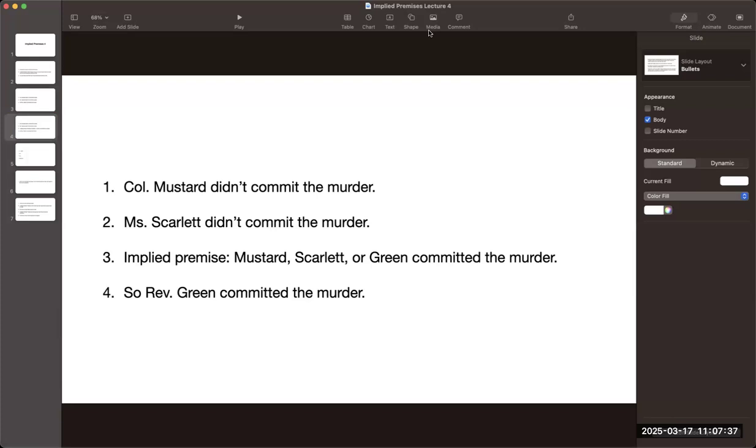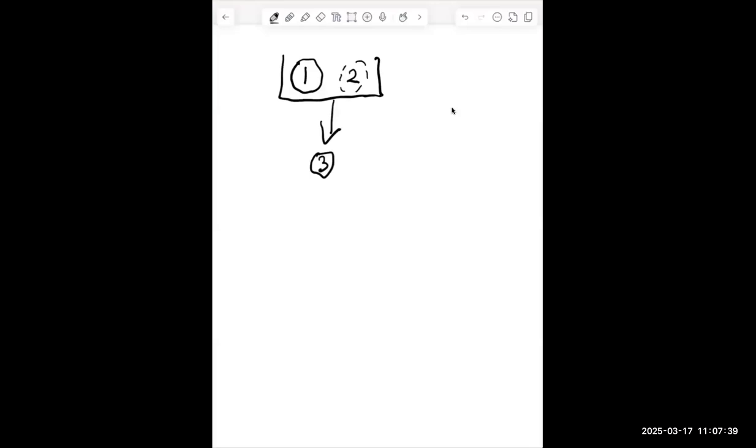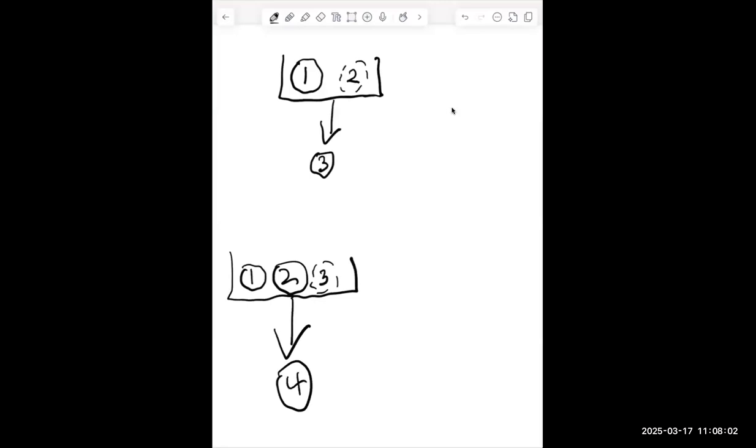Mustard didn't do it. Scarlet didn't do it. Well, it was one of these three. That's our implied premise. We put in the dotted lines. All three of these working together show that, in fact, the Reverend did it, right?